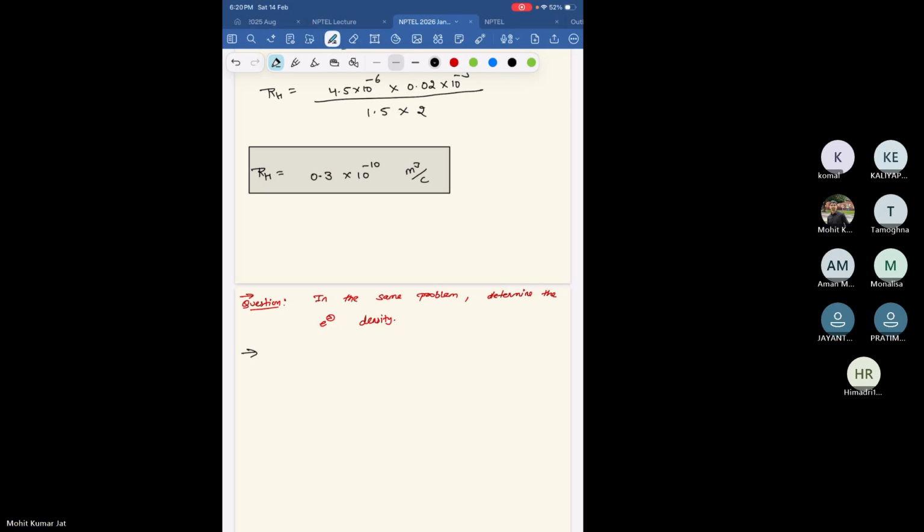So the relation between RH and N is 1 by NE.